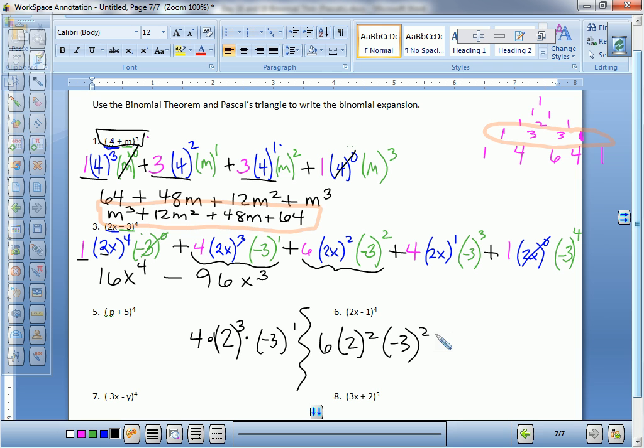I don't know what to do with it. It's positive. That's pretty cool that you can do that in your head. It is positive 216. And then x is being squared.